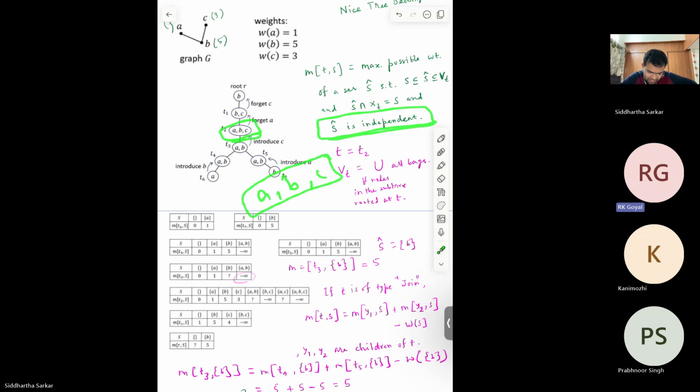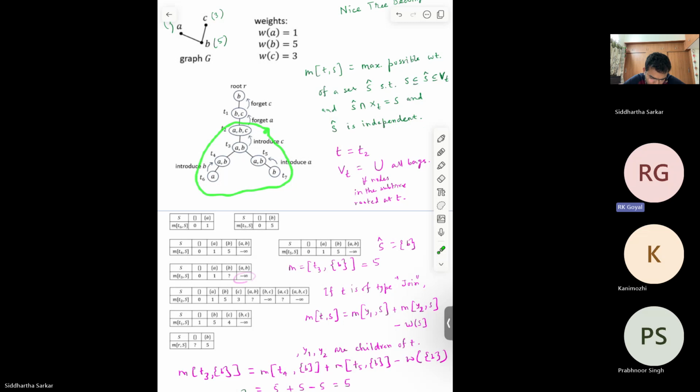Or even if I take the subset of the S cap as a subset of the XT here, at most I can take AB. If I take S cap as AB, and if I take the intersection of AB with ABC, then the value comes out to be AB. But then this AB should be independent. S cap should be independent, and AB is not independent here. So yes, the value is minus infinity.